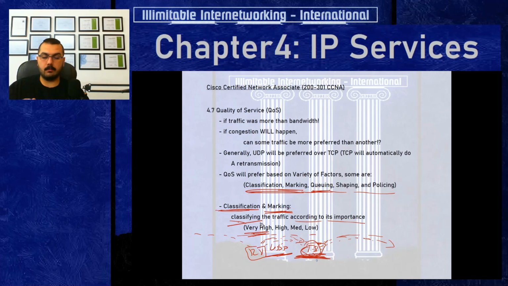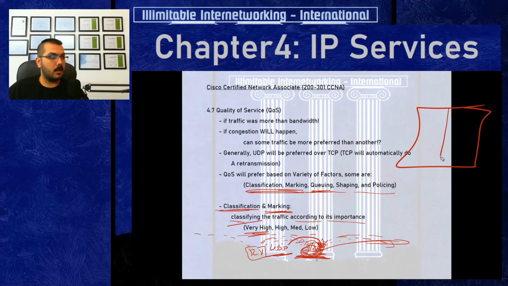So just sit here for some microseconds and you will be transmitted directly to the other device. Once I finish transmitting, and I drain or empty this section of the very high priority traffic, I will start after that with the high, the medium, and the low in this way.